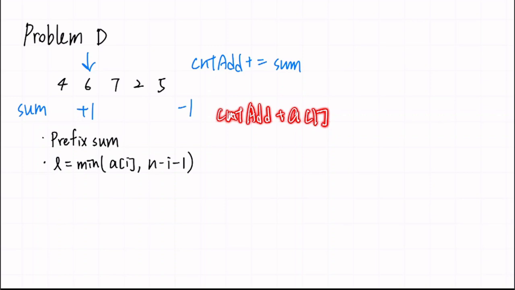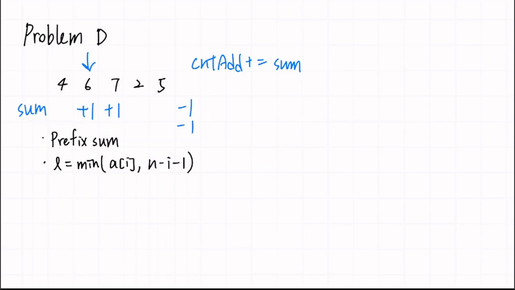And since we now have the value for the second alien, we can then calculate how many aliens the second alien can give stones to. And afterwards, we can further add to the sum array by adding 1 to the third alien and subtracting 1 at the last alien.